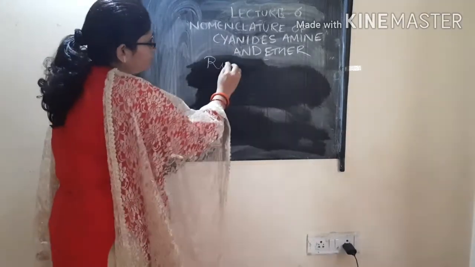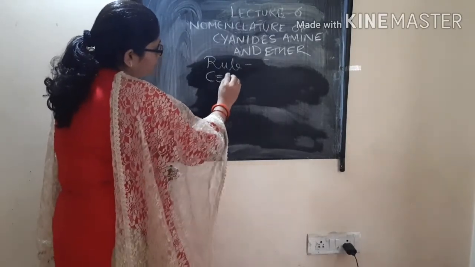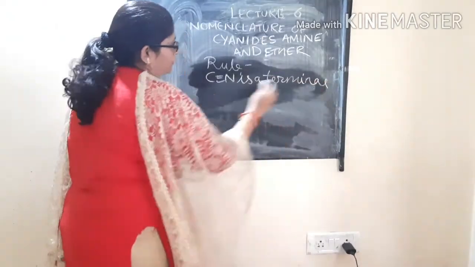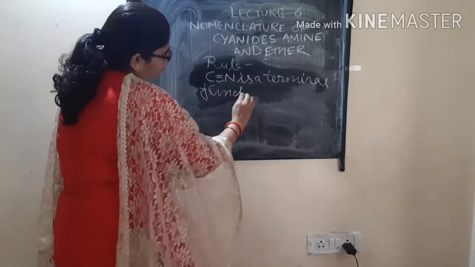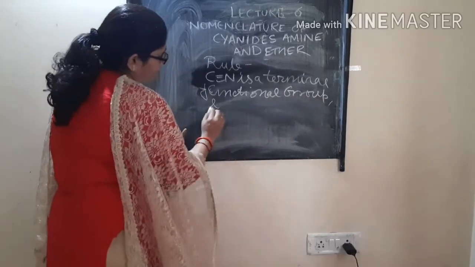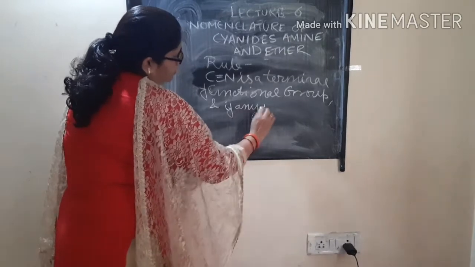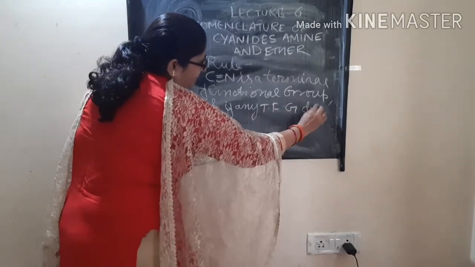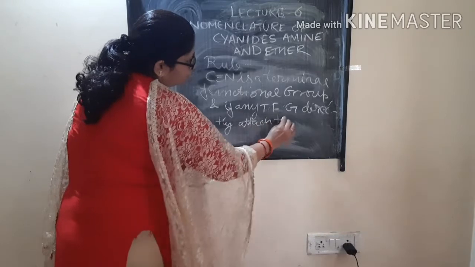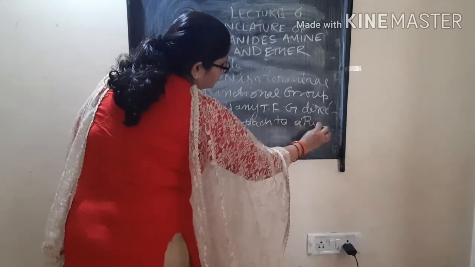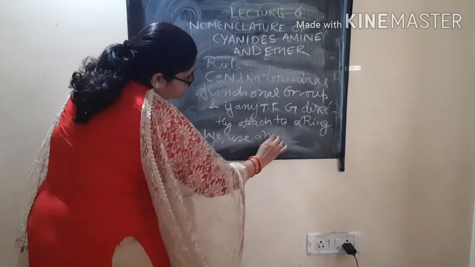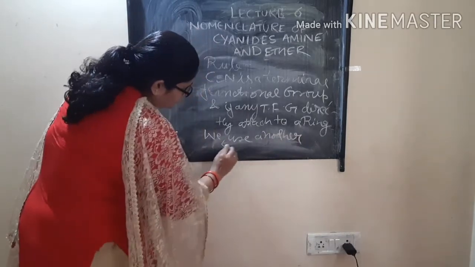The rule says: if any terminal functional group is directly attached to a ring, we use another suffix.